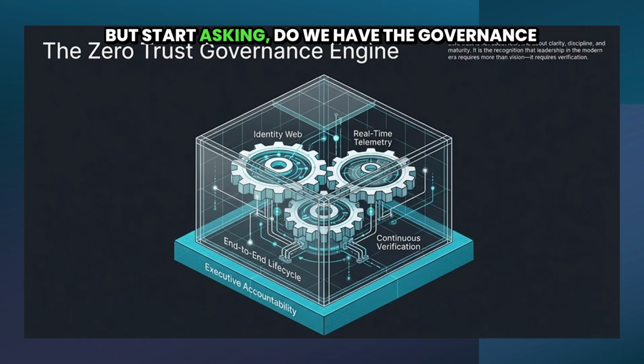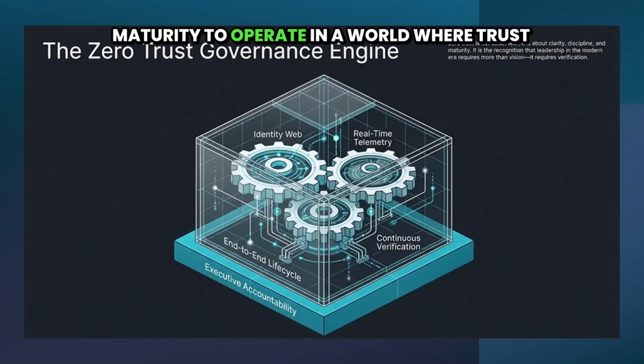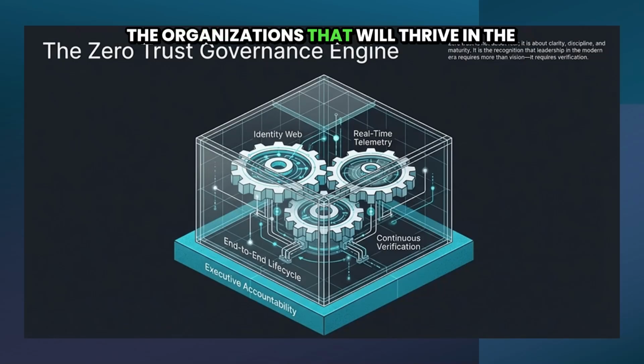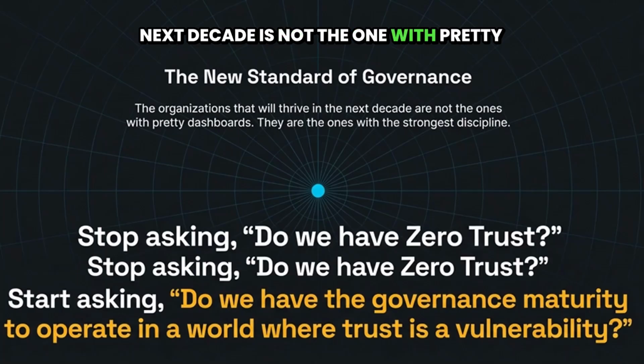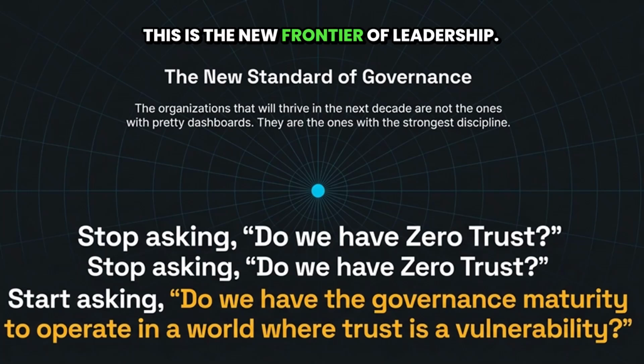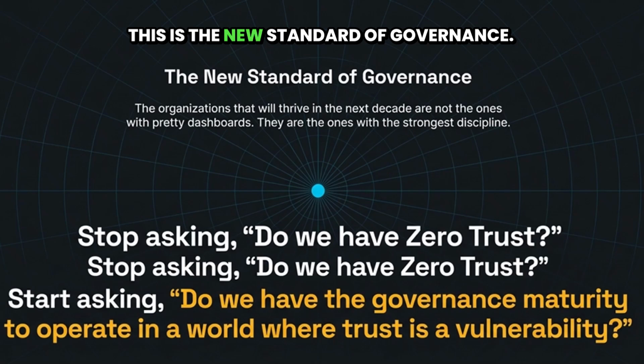But start asking, do we have the governance maturity to operate in a world where trust is a vulnerability? Because the organizations that will thrive in the next decade are not the ones with the pretty dashboards. They are the ones with the strongest discipline. This is the new frontier of leadership. This is the new standard of governance. And this is the work of a power leader.